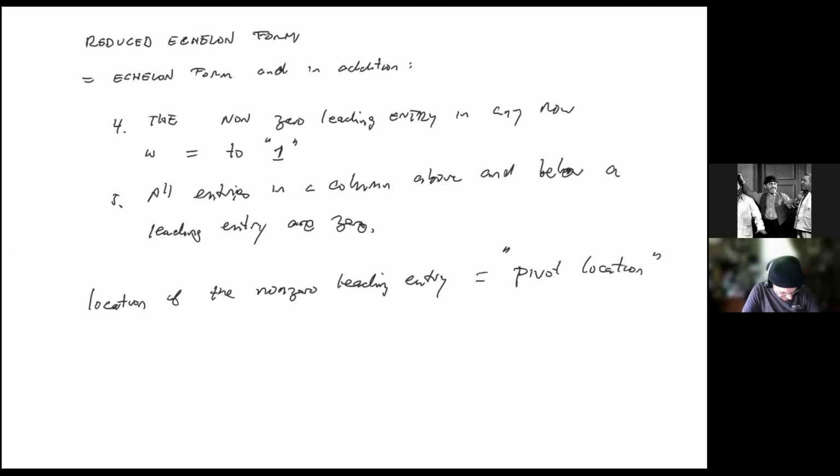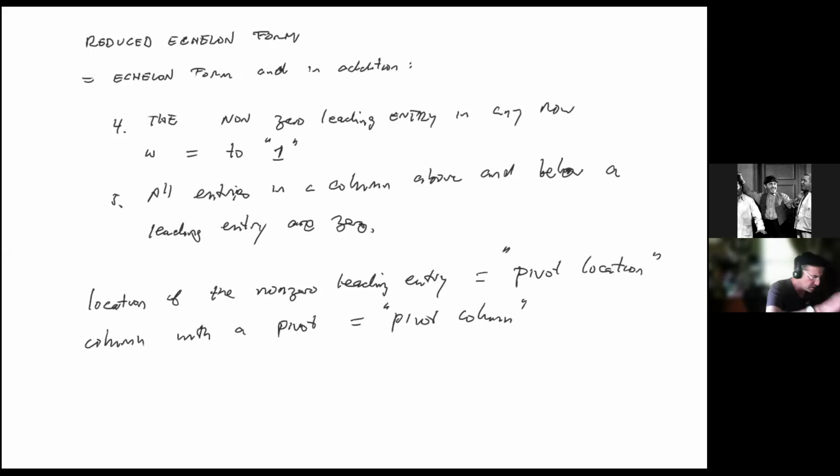And the column with a pivot location is called the pivot column. If any of this is confusing, it should become clear in a moment when I do an example. I'm going to give you some examples of matrices that are in echelon form and in reduced echelon form. Okay, so I'm going to clear the screen again.